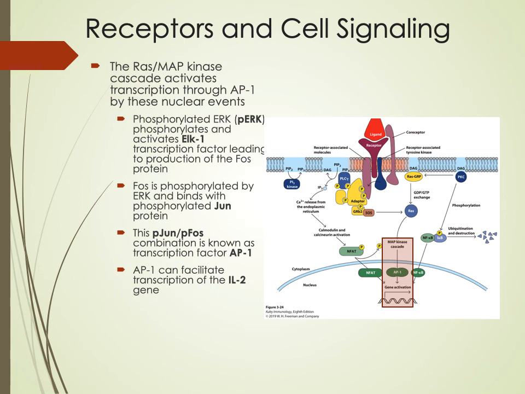And so here we see this MAP kinase in this box where we have this MAP kinase activation. So this would lead to phosphorylation of ERK. We can also have phosphorylation of Jun and Fos. And then downstream, we would get IL-2 activation, so activation of the IL-2 gene, so we get production of that.